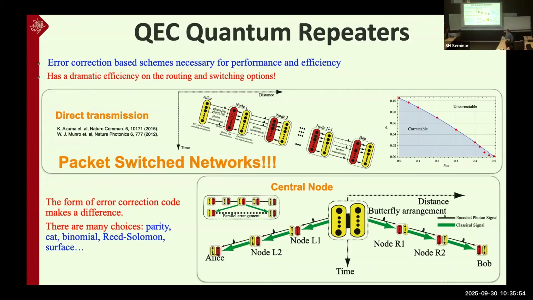Given it's loss protected in third generation, I've got error correction versus loss and operational errors. I can just encode alpha and beta in a logical state and ship it down the line with the classical messaging at the same time, so that Bob receives the logically encoded state. The reason the rates are so fast is because once Alice has shipped her message, in a nanosecond, she's free. She can now ship the next one.